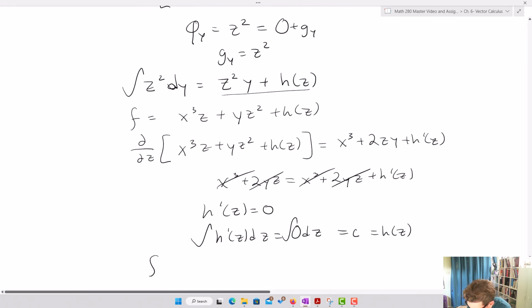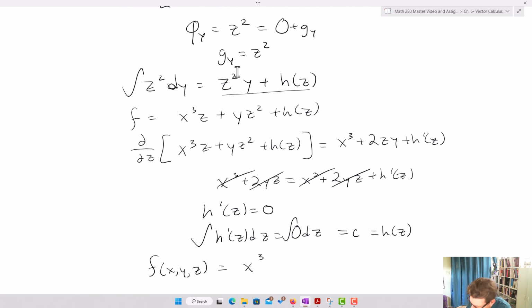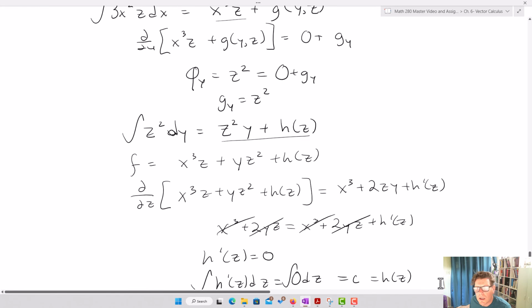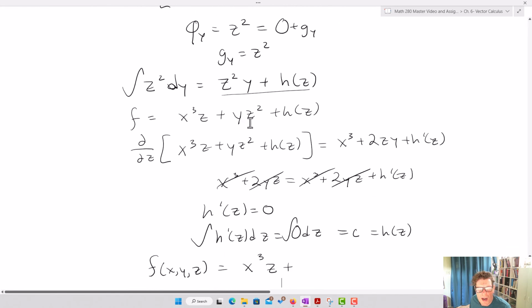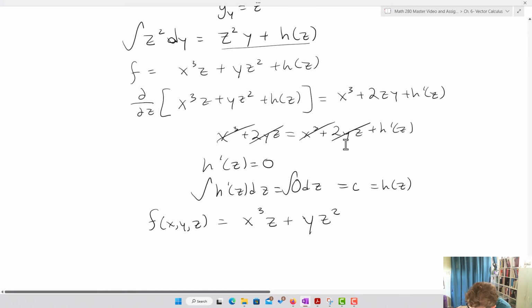So our function f of x, y, z is equal to x cubed z plus y z squared. And that is our potential function and the one that we're going to use for the fundamental theorem of line integrals. So now I'm just going to bring down my r of t.